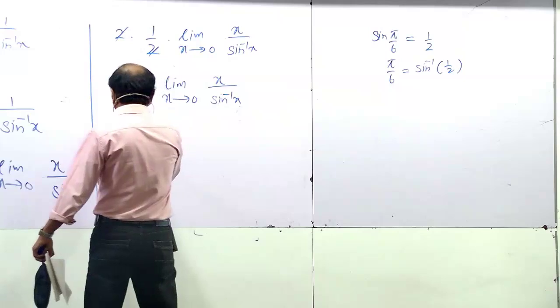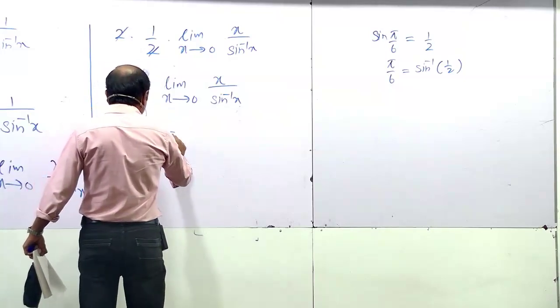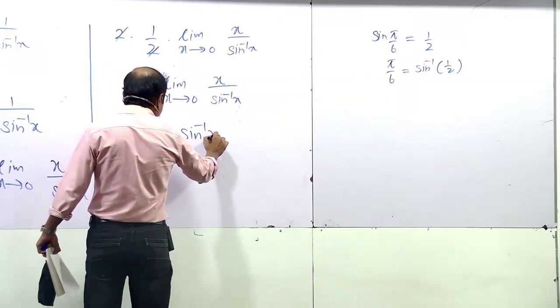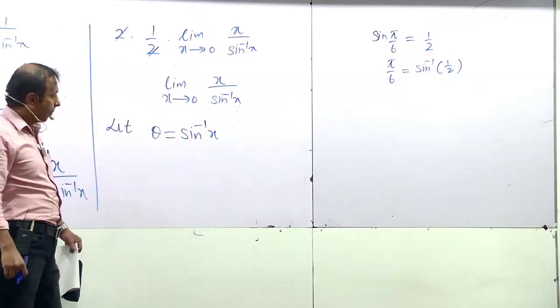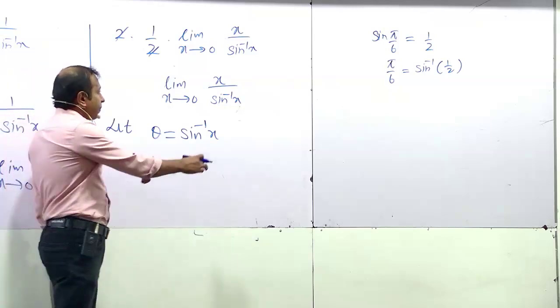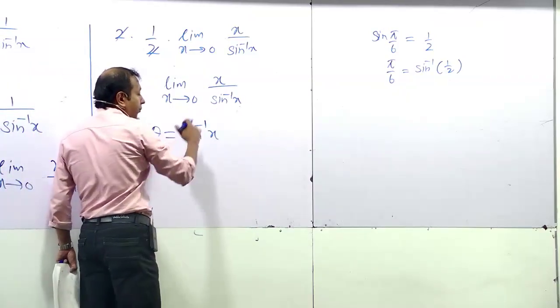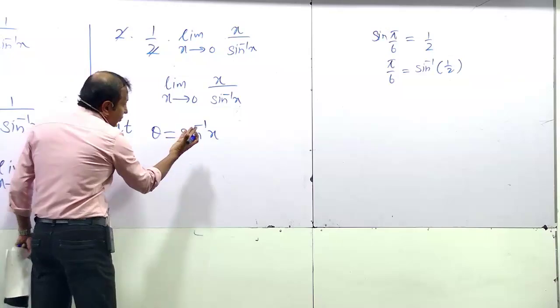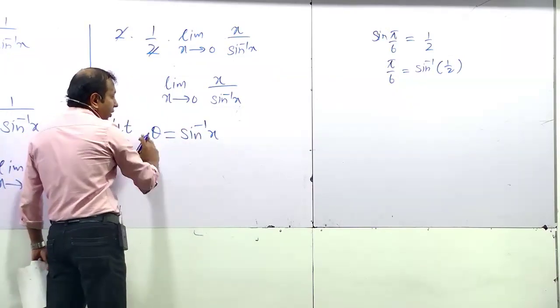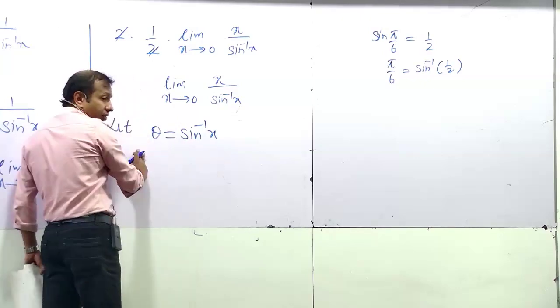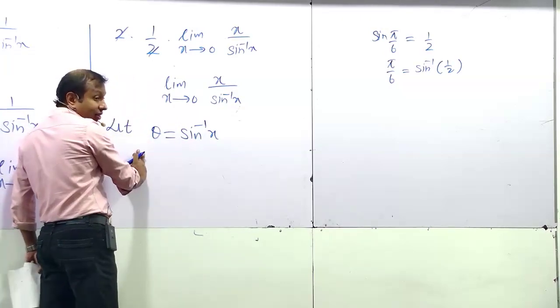Let theta equal sine inverse x. That means this. Take sine inverse to this side. We get sine theta.